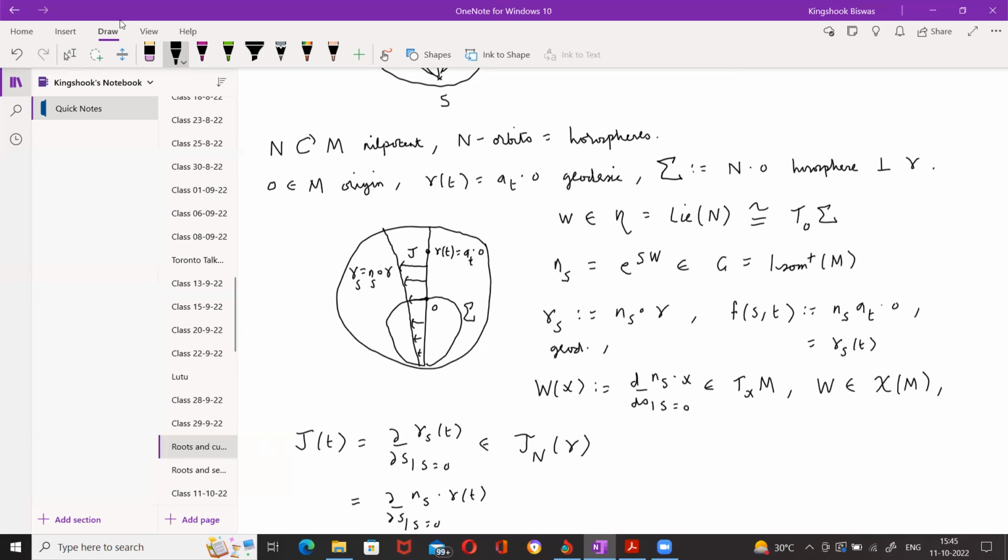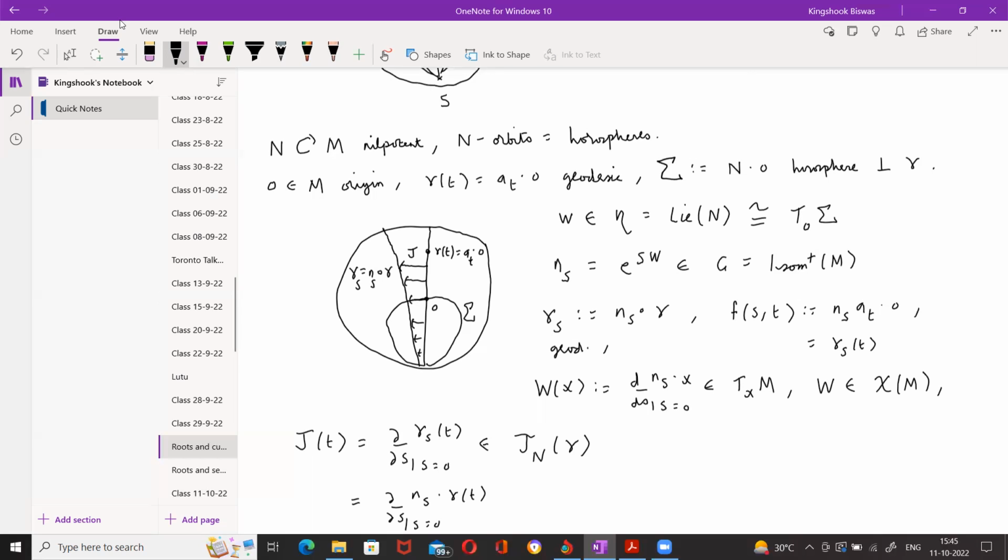And they all have the same starting point at the boundary. So when I differentiate gamma_S with respect to S, I'll get a Jacobi field J along gamma, right? Yes?